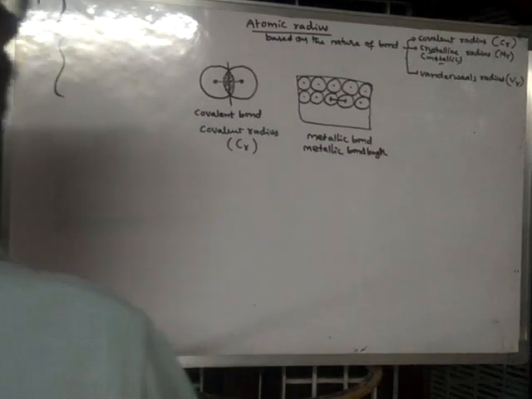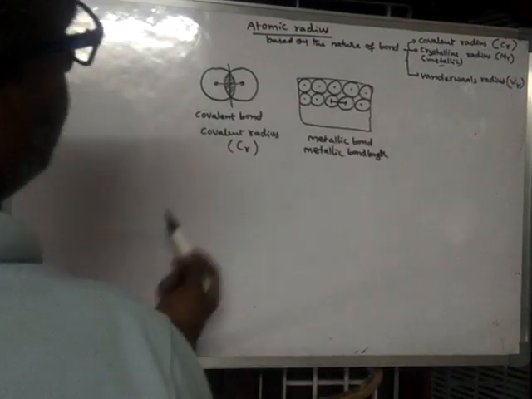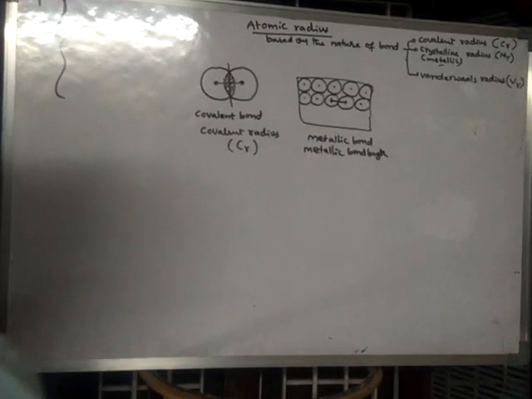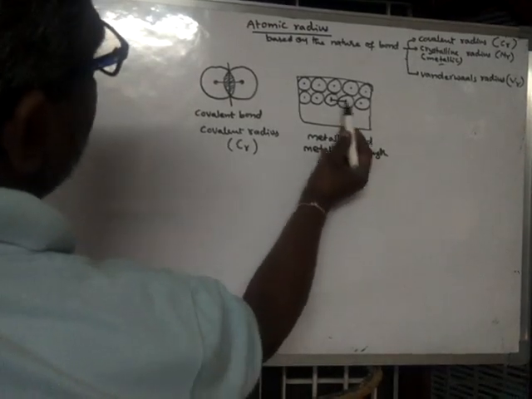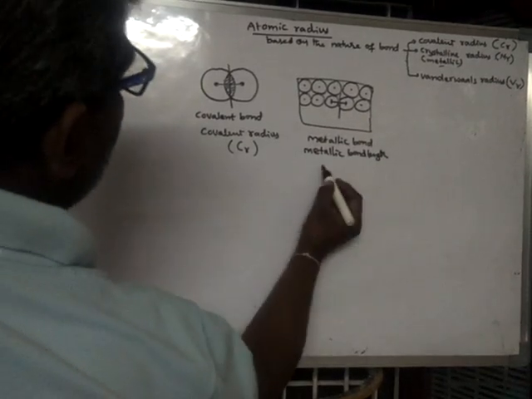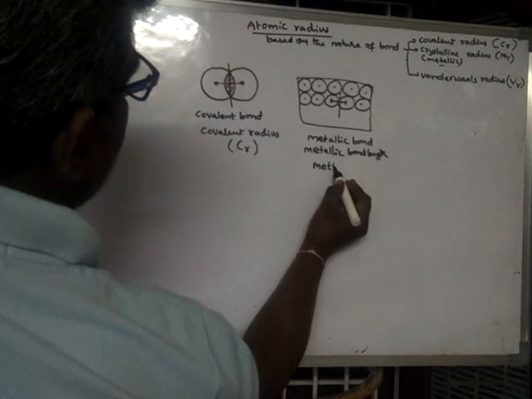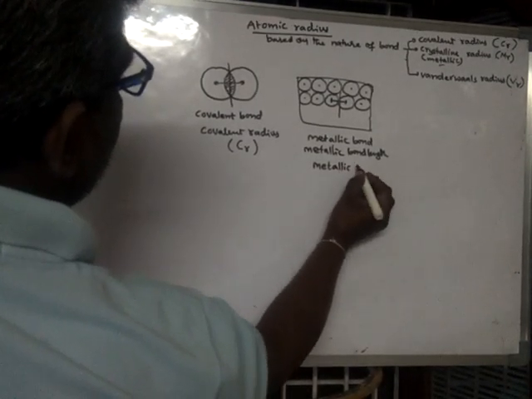Bond length is always equal to the internuclear distance between the bonded atoms. Internuclear distance means the distance between the two nuclei of the bonded atoms. So half of the metallic bond length is said to be the metallic radius.